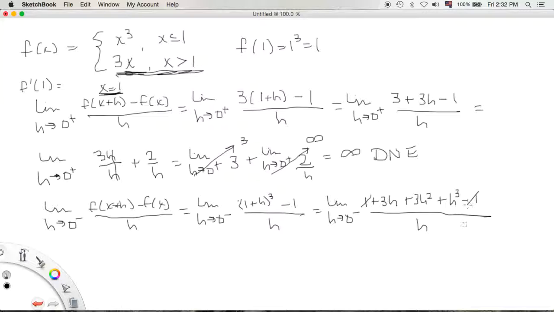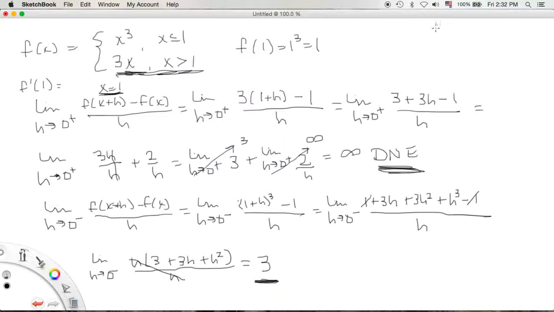And then you notice these 1's cancel. And we can factor out an h so that we have h times 3 plus 3h plus h squared all over h. So those cancel. So now we look at this limit, and the limit equals 3. So the derivative of this function at x equals 1 doesn't exist. So there's no tangent, no slope of the tangent line there. The derivative from the left, the slope of the tangent line is 3.